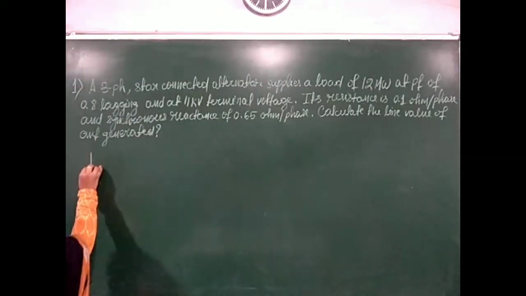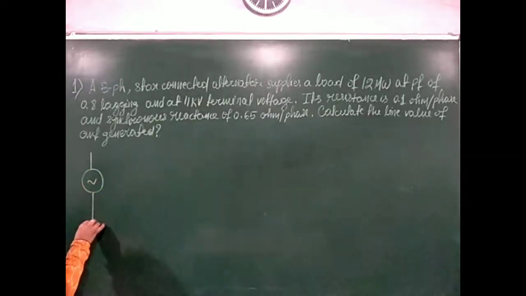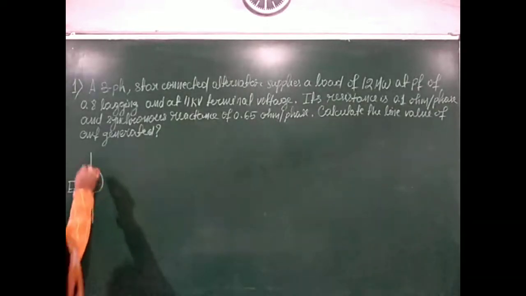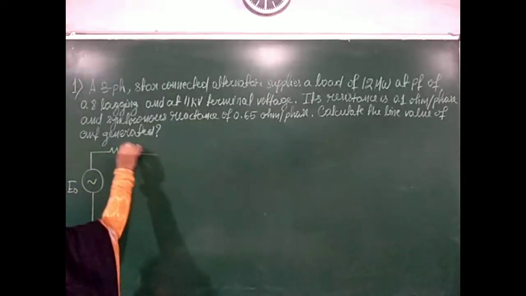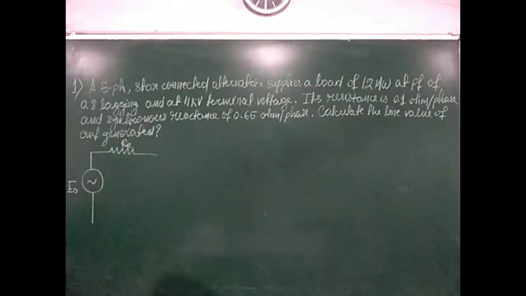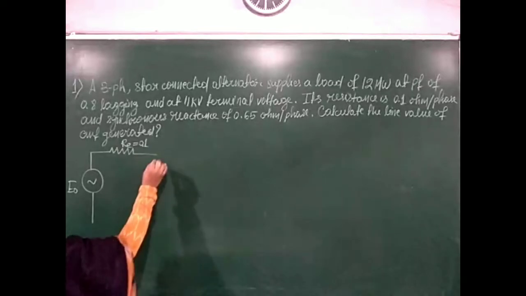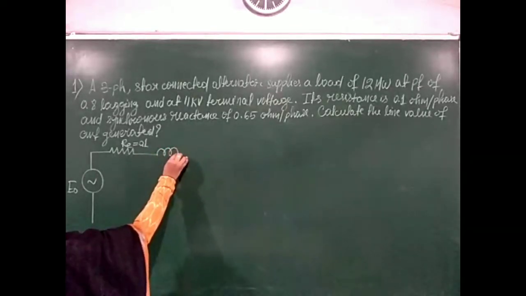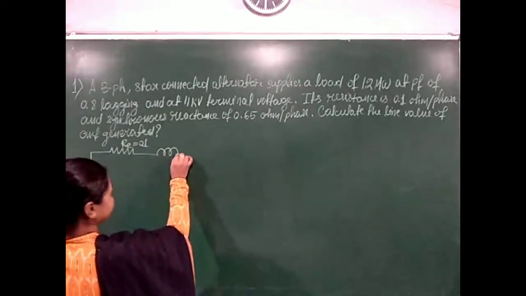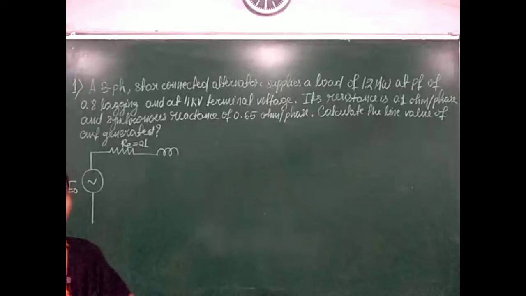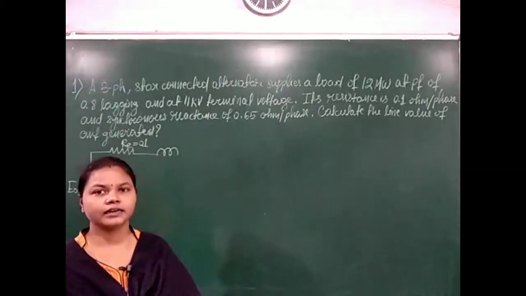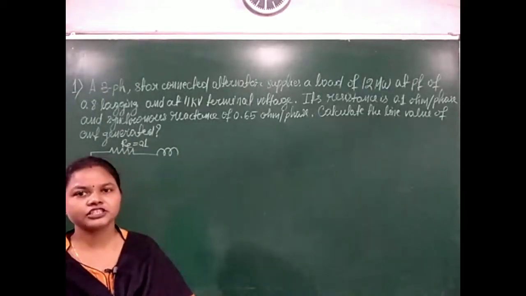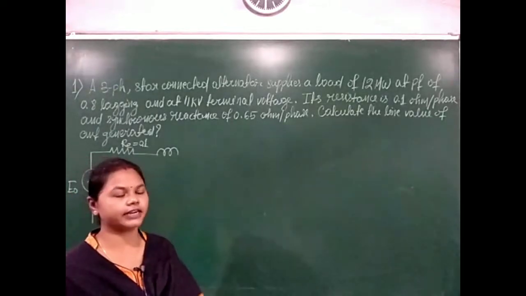Here the generated EMF is E0, and the effective resistance of the alternator is 0.1 ohm and the synchronous reactance, that is XL plus XS, means the reactance due to armature reaction, that is called the fictitious reactance, and the reactance due to leakage, that is called the leakage reactance.